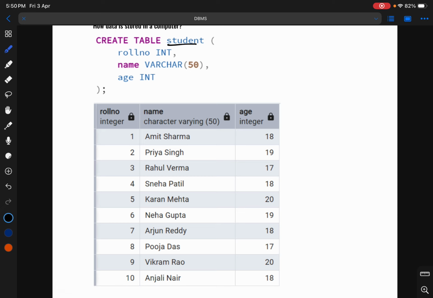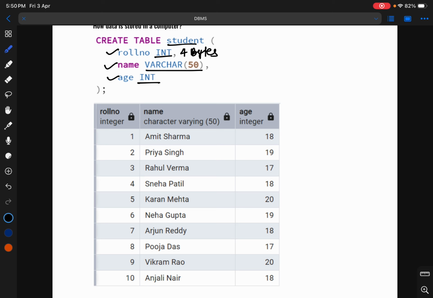This has three fields: roll number, name, and age. As you can see, roll number is an integer, name is varchar of 50 characters, and age is integer. We know that an integer takes around 4 bytes of memory, and varchar depends on how many characters there are, so it will require that much memory.